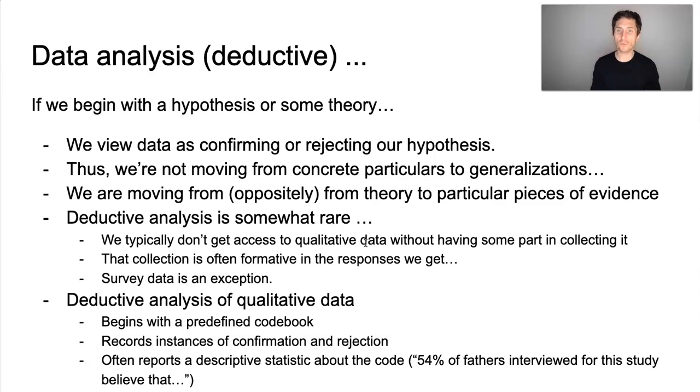So we're not moving from particulars to generalizations, we're moving from generalizations to particulars, right? Deductive analysis of qualitative data is somewhat rare because in shaping the research instruments we use in qualitative work, say interviewing or participant observation, we have an opportunity to intervene.